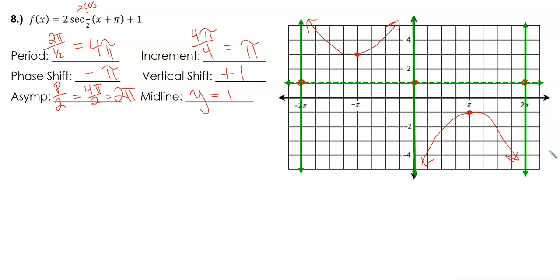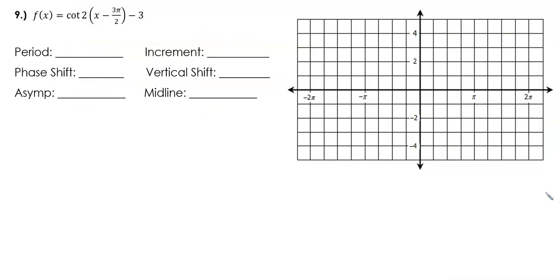All right, we're going to do one more, and we're graphing a cotangent. So my period, remember, for cotangent, we're doing pi divided by that b value, so this is pi over 2. And my increment, we're doing pi over 2 divided by 4, or times 1/4, to get pi over 8.